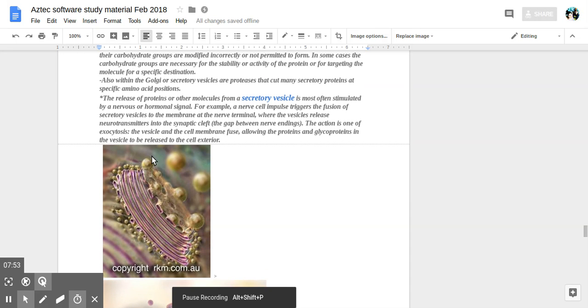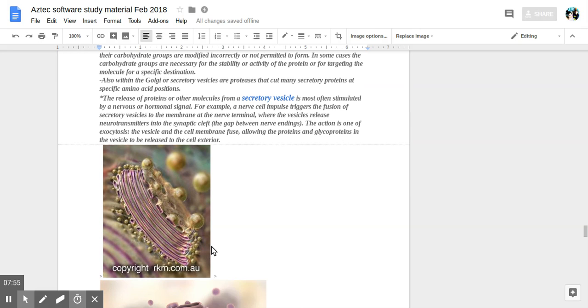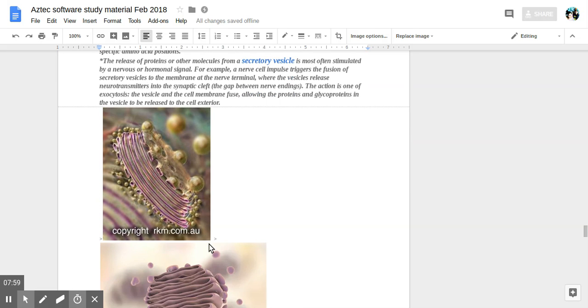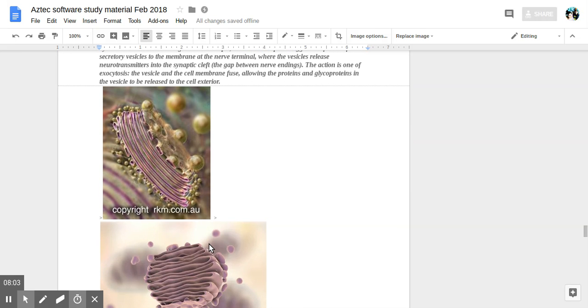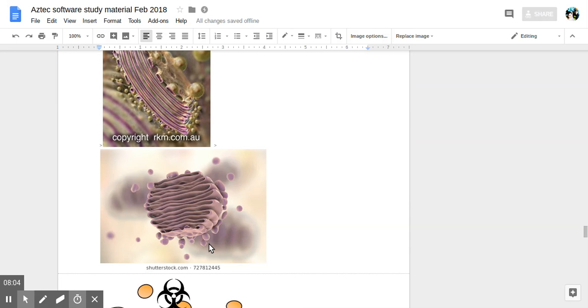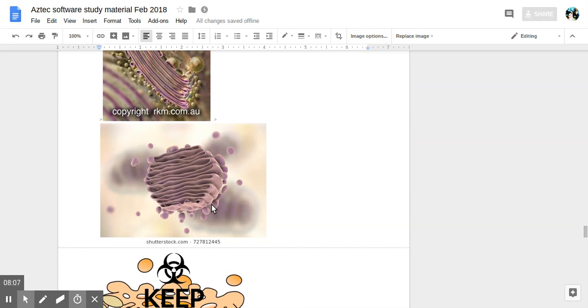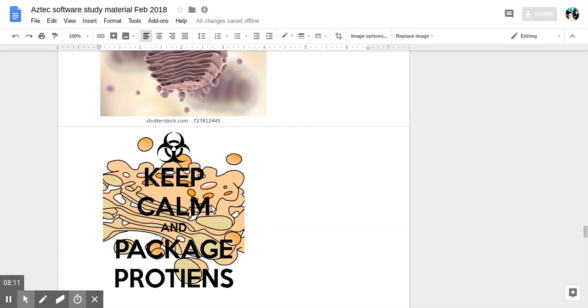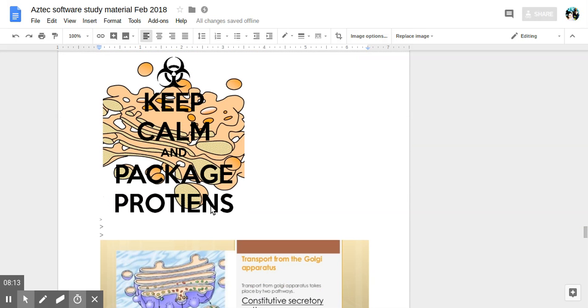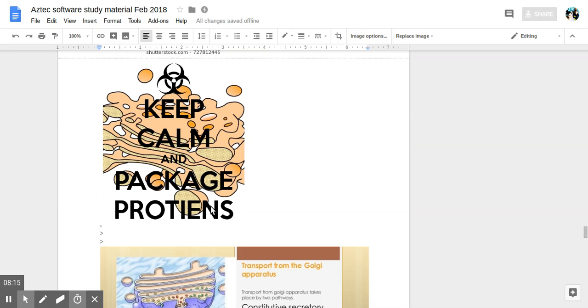So showing the folds here in 3D. Again, the folds in 3D keep common packaged proteins. That's what Golgi does.